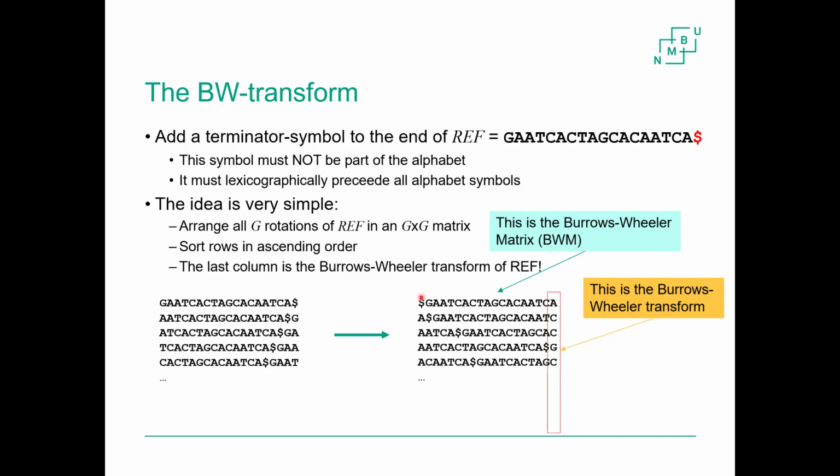So from this Burroughs-Wheeler matrix, what we are now storing, you could say, or bringing with us into the next slide is this last column, but also the first column here. And we forget about everything in between.